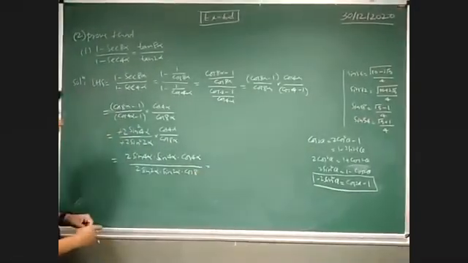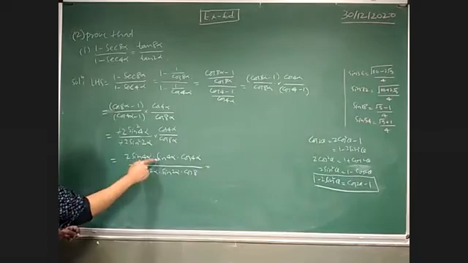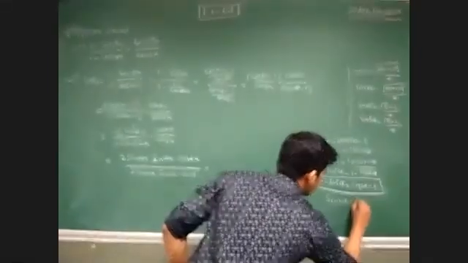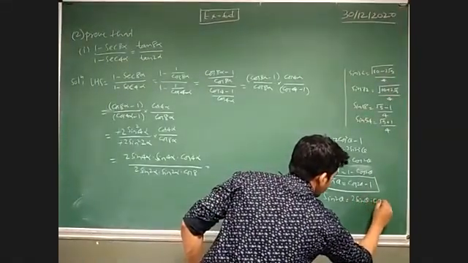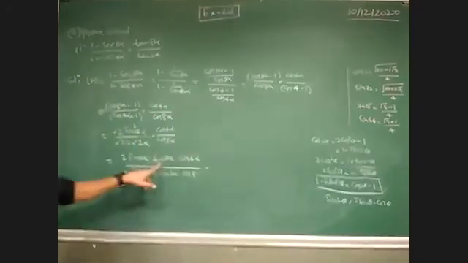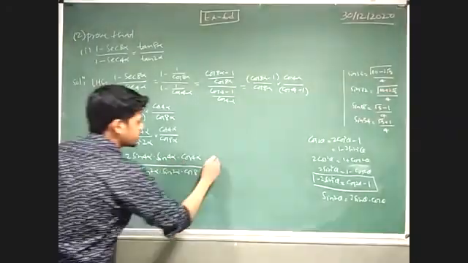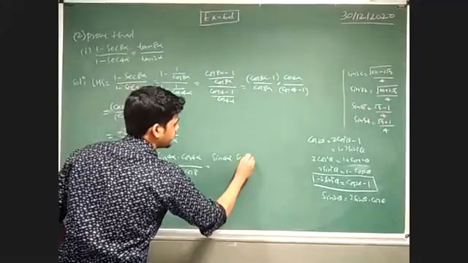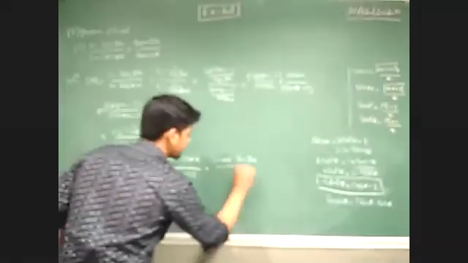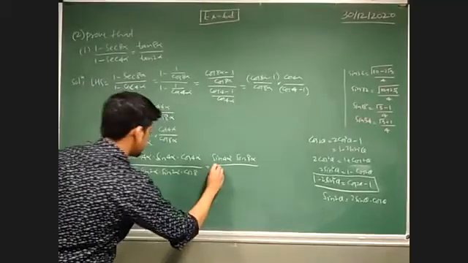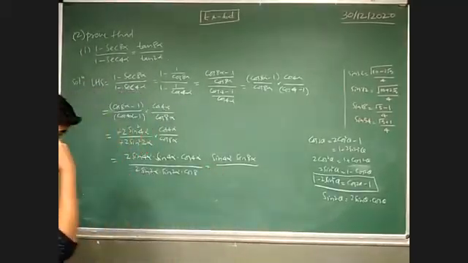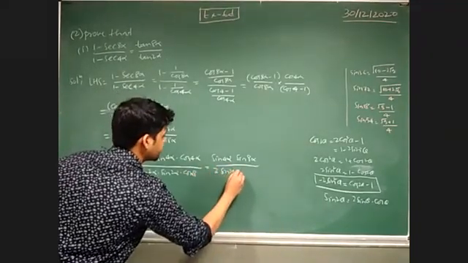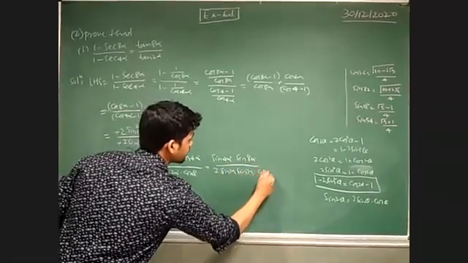Now see here, sine 2 theta is nothing but 2 sine theta cos theta. So here I am going to use 2 sine 4 alpha cos 4 alpha, this will be sine 4 alpha into sine 8 alpha, and here we have 2 sine 2 alpha sine 2 alpha into cos 8 alpha.